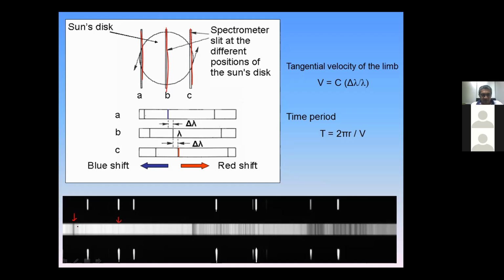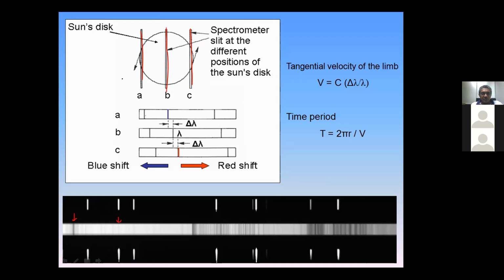There is a very prominent absorption line here. So you just look at one absorption line at B, and look at the same one at A and the same one at C. Then they are shifted to the red side as well as to the blue side, because the right edge is going away from you and the left edge is coming towards you.